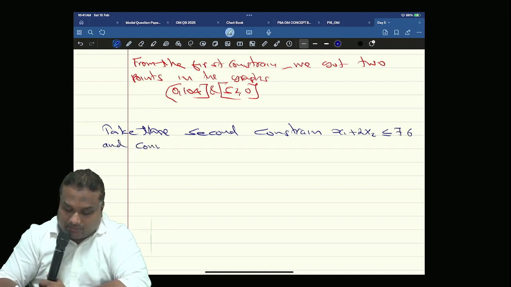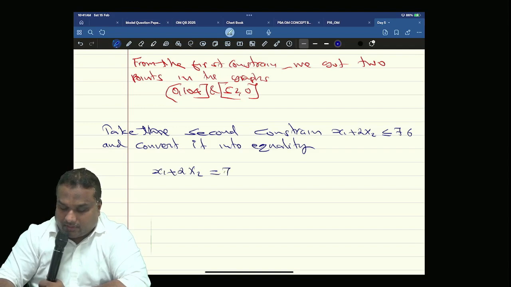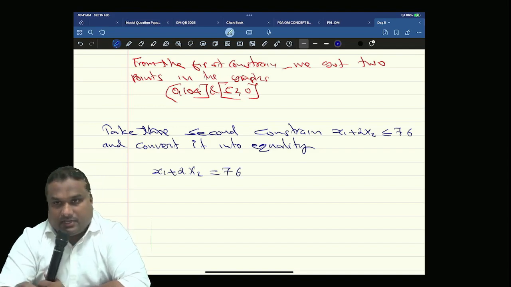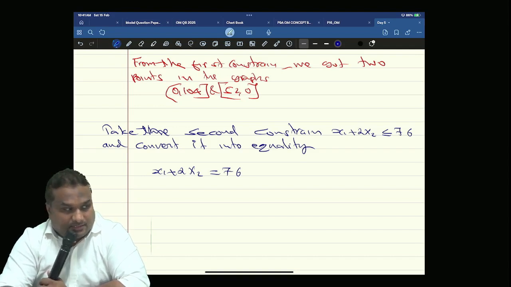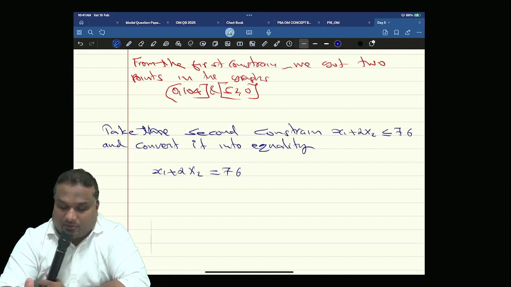Convert it into equality. We have x1 plus 2x2 equal to 76.